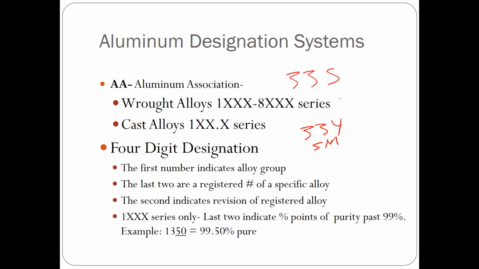If I give you an alloy, say like 2024, you'd look it up on that chart on the bottom of page 335. And at the Aluminum Association, we know that we're looking at the first digit here, right? So this is really a 2000 series. That's really all we care about.